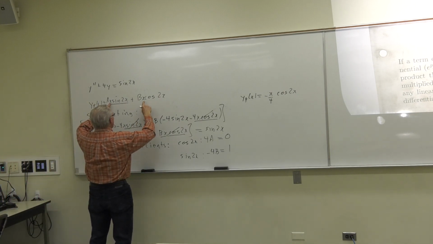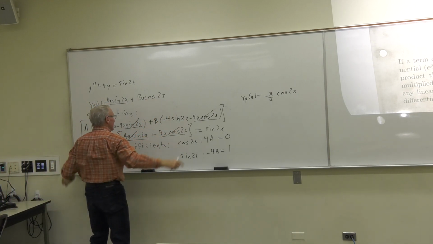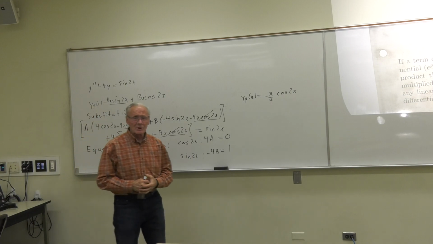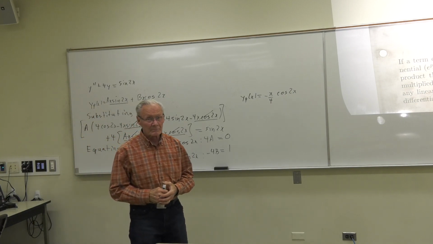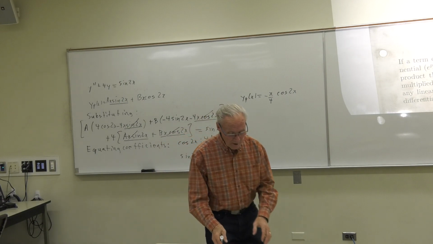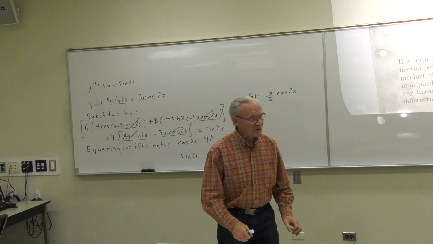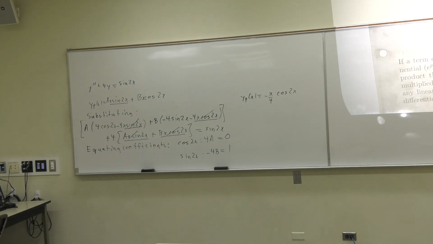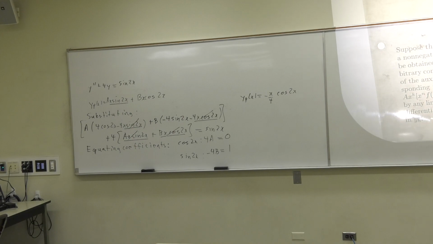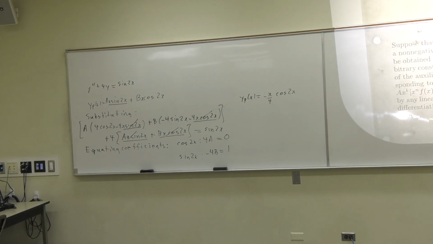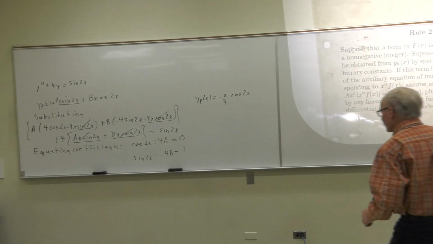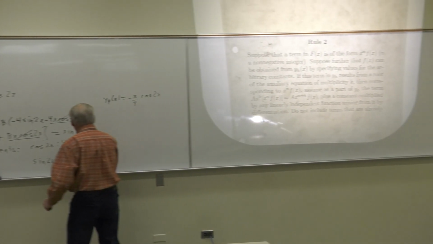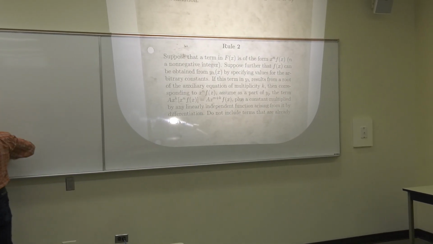By putting these x's here, we were able to find a particular solution. Let me show you rule 2. Rule 2 is a little more complicated than rule 1. So let me try and work through it with you, and then we'll do some more examples.